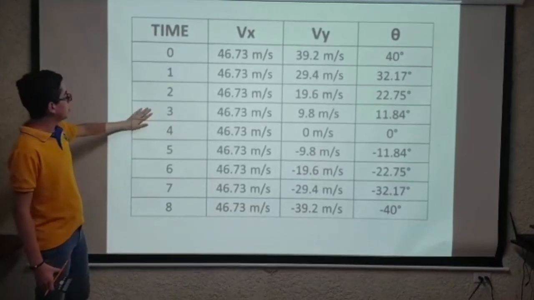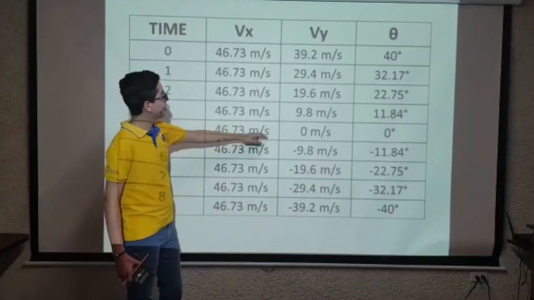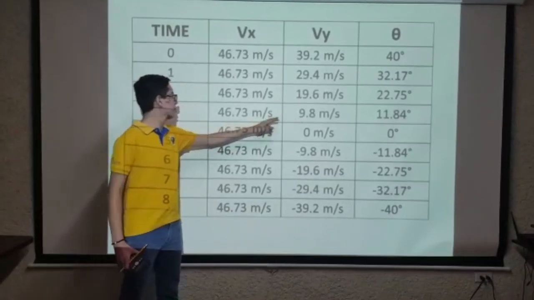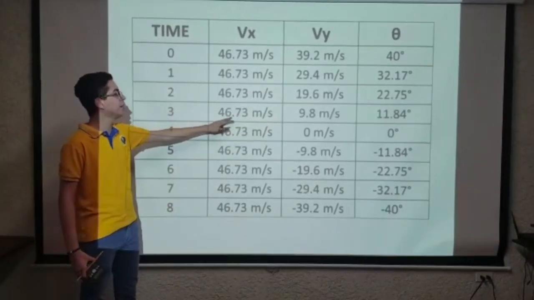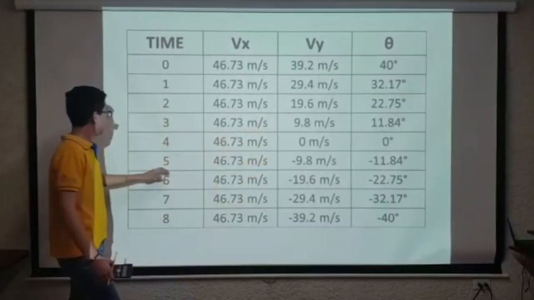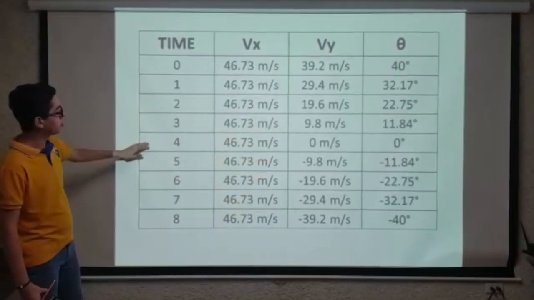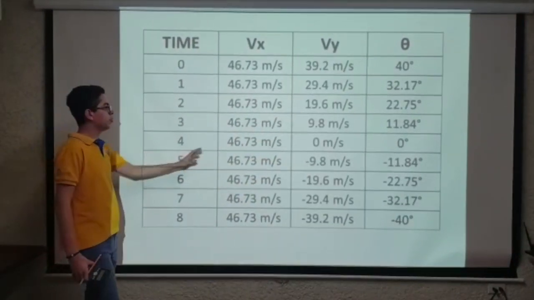The angle in second 3 is the same: inverse tangent times 9.8 over 46.73, and the result is 11.84. In second 4 is the highest point of the parabolic throw, so the angle will be 0.